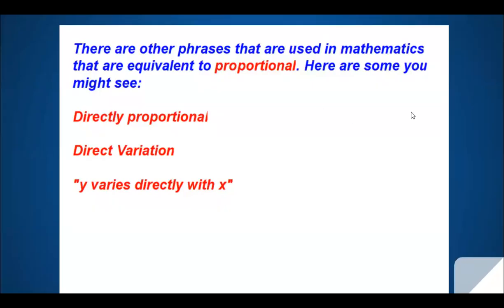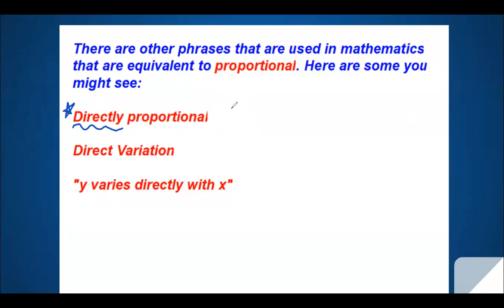Okay, so there are some other phrases that are used in math that mean the same thing as proportional. I just want you to see them on the screen, and you can write these down as well. Proportional is the same thing as the phrase directly proportional. So write that first phrase down. To be directly proportional is the same thing as being proportional for now. That means as x changes, so does y in the same manner.